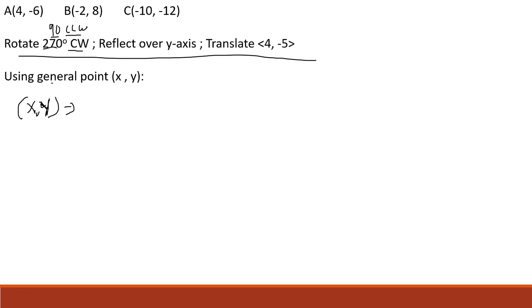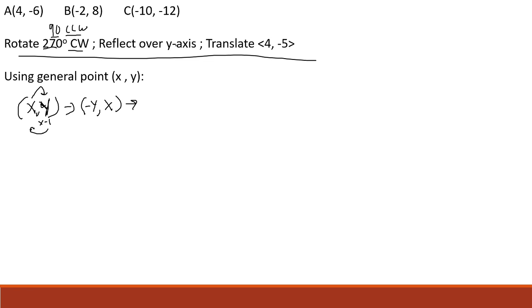So 90 degrees counterclockwise means I'm going to take my y coordinate and times it by -1 and then swap. So that would be over here, -y, comma, x. That's the first one done.